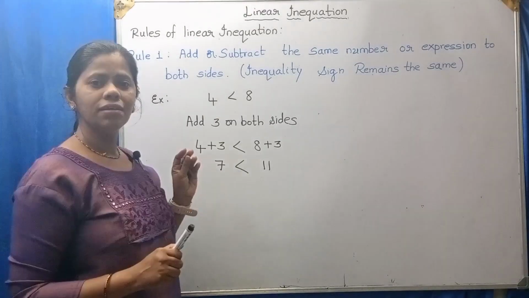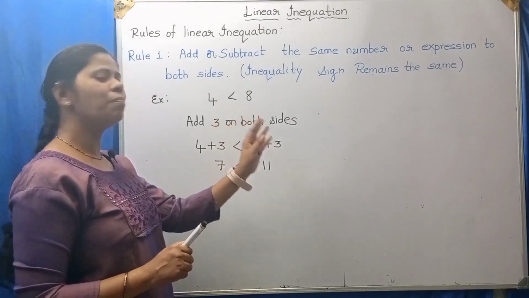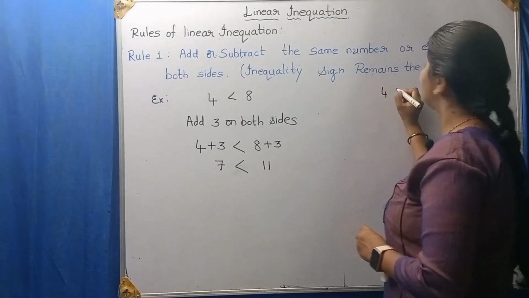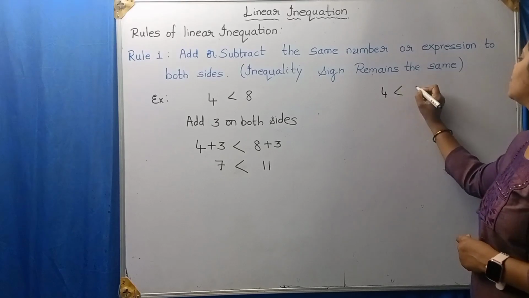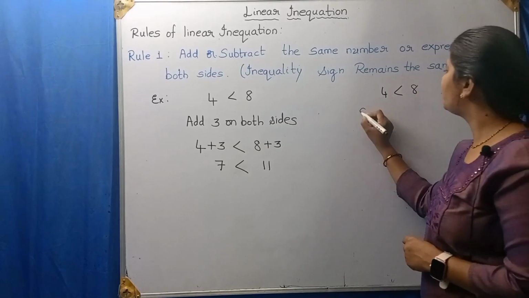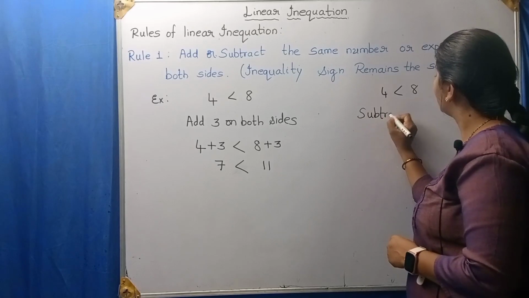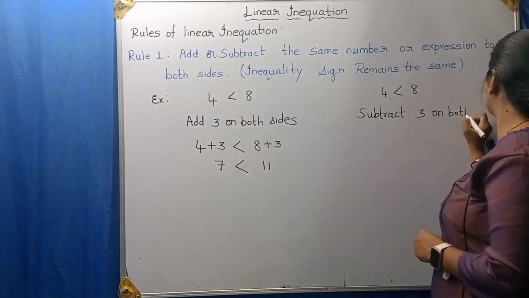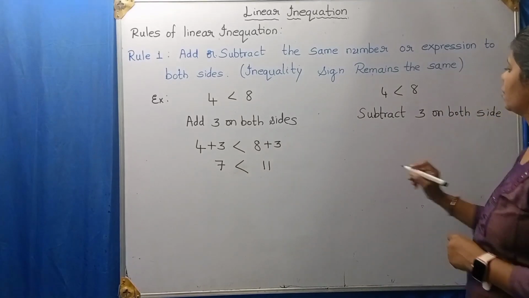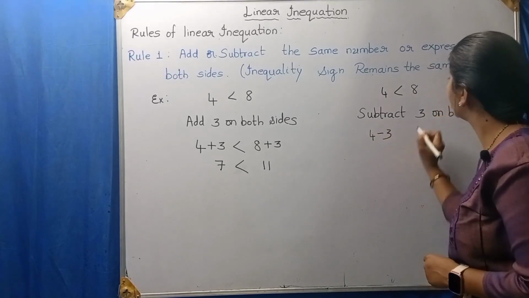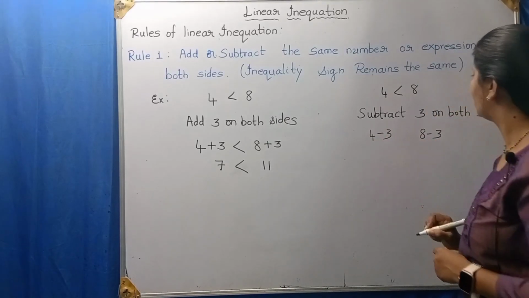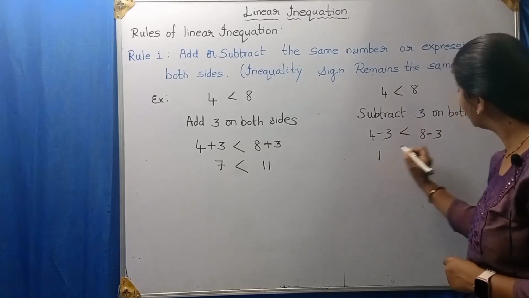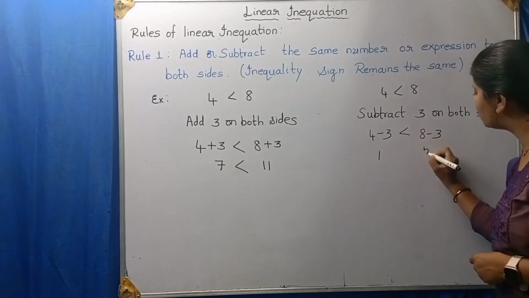Did you understand? In the same way, if we subtract the same number on both the sides, then the inequality sign remains the same. Let me take the same example. 4 is less than 8. Now, subtract 3 on both sides. 4 minus 3 is 1. 8 minus 3 is 5.